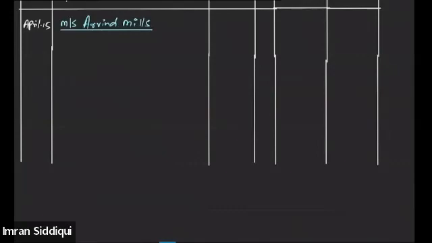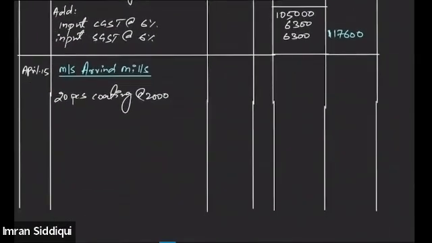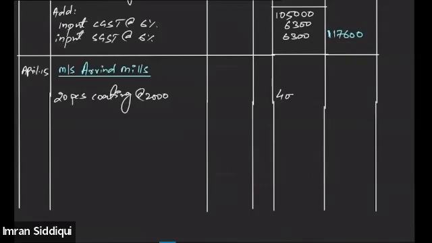Okay, so from Messrs. Arvind Mills, we bought 20 pieces of coating at the rate of 2,000 each, right? So 20 into 2,000 will be 40,000. And then we further bought 10 pieces shirtings at the rate of 500 each, which will be 500 into 10, that is 5,000.